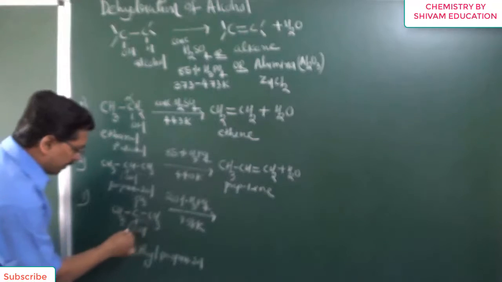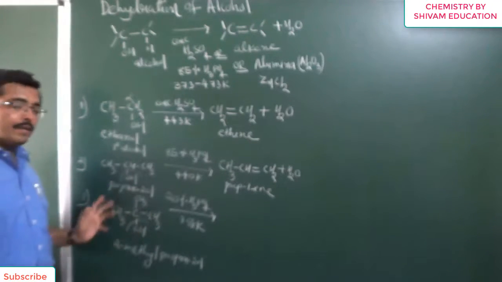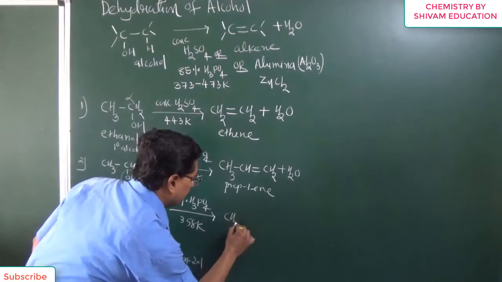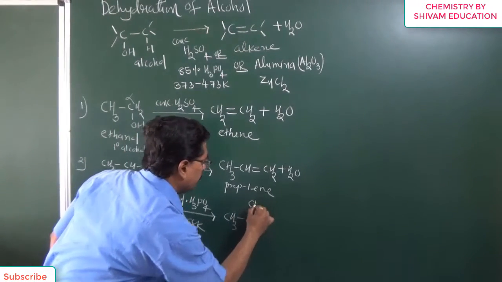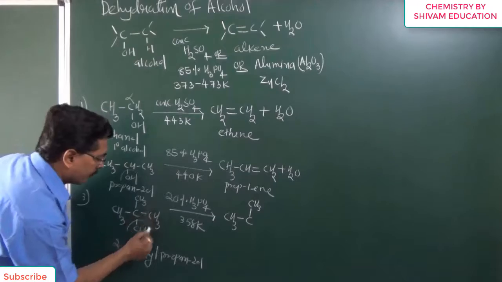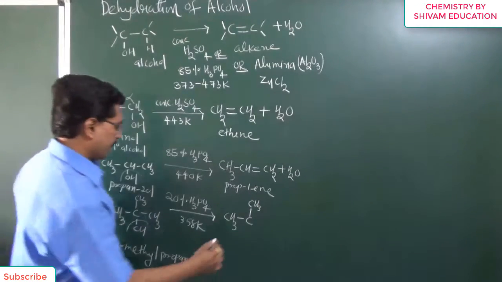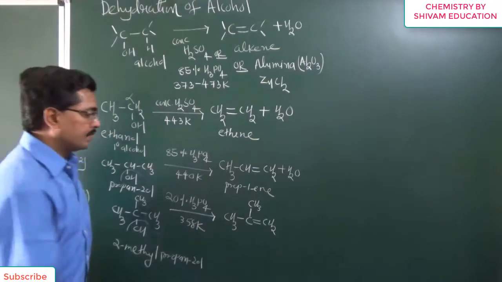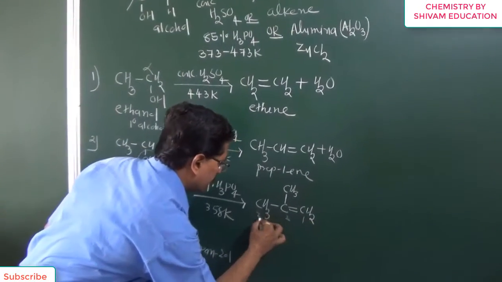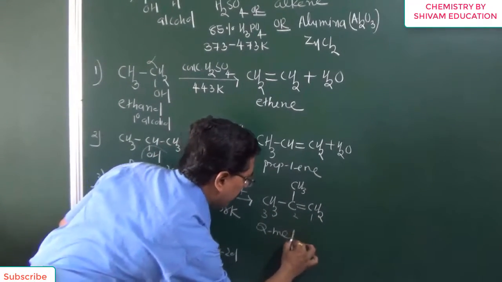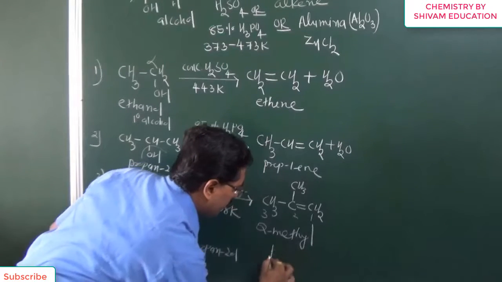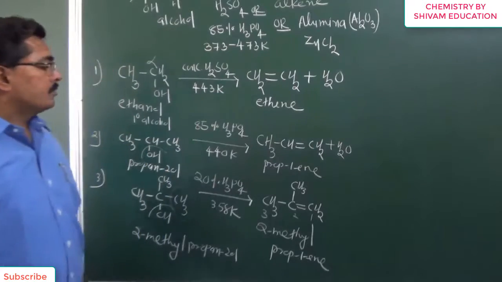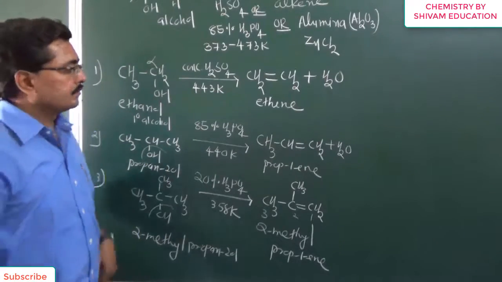OH from this carbon atom and H from any neighboring carbon atom are removed, and we get the same product. Suppose hydrogen is removed from this carbon atom, then we get this type of alkene product, and its name is 2-methylprop-1-ene.